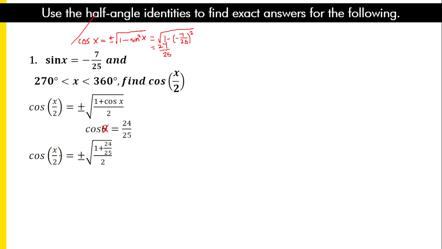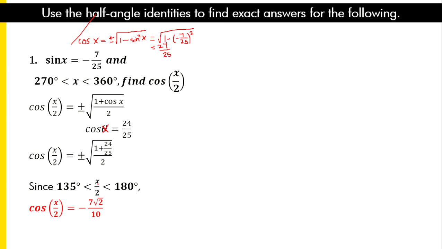Okay, so cosine x over 2 is equal to positive or negative square root of 1 plus 24 over 25 over 2. In simplifying this, we have 7 square root of 2 over 10. Now, we need to decide if we will use the positive or negative value. How? By identifying the location of the angle in our Cartesian plane. If we have x as our angle, it is between 270 and 360.